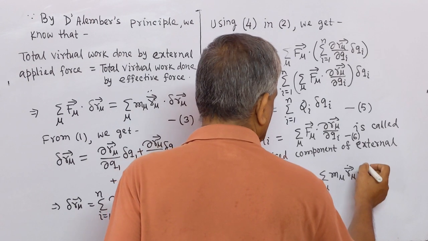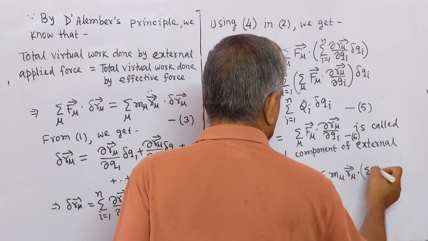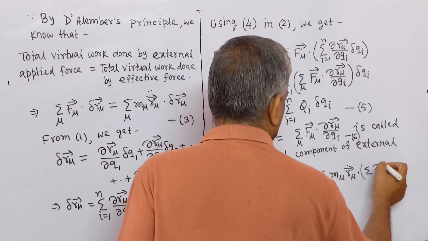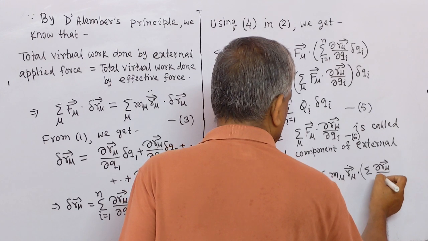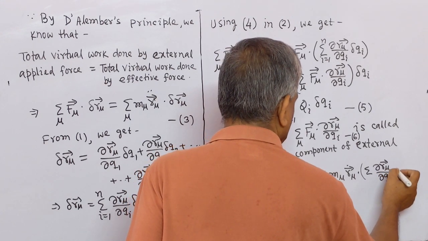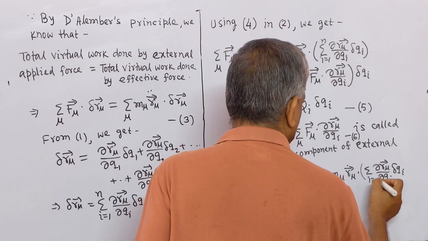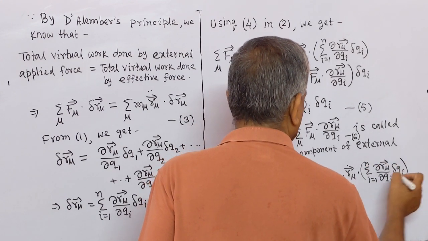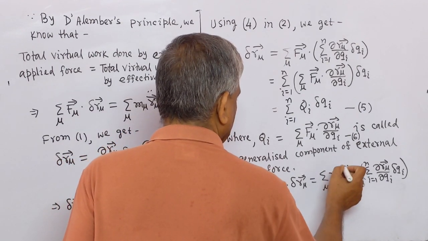This is sigma of the partial derivative of R mu with respect to qi times delta qi, i equal to 1 to n, and this is double dot.